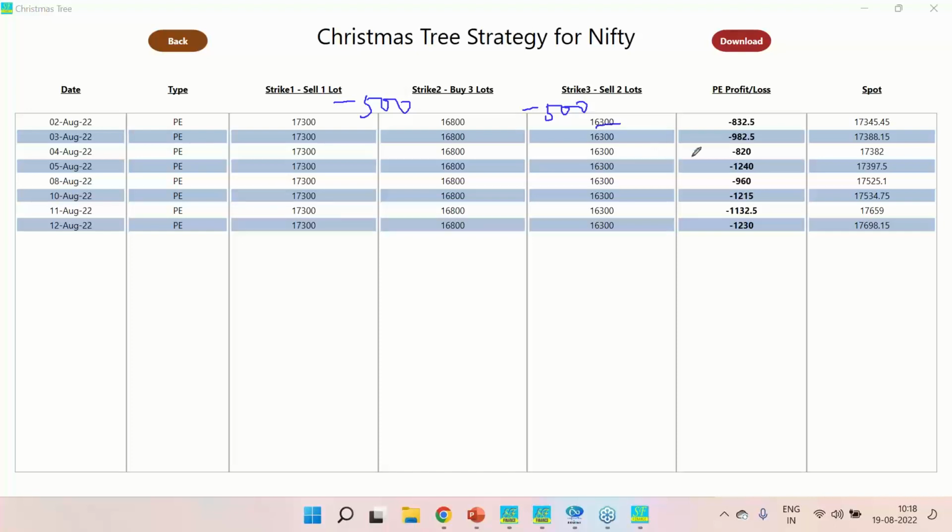So with this, the put option has been traded, and with the 6 trades we have got the profit and loss, ranging from August 2nd to 12th August.